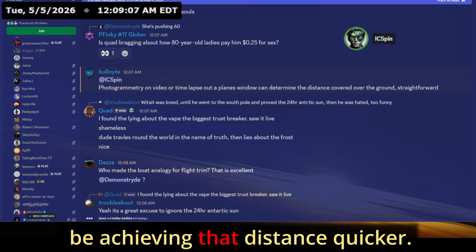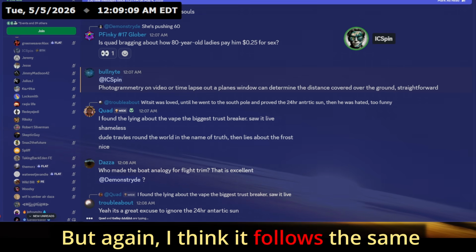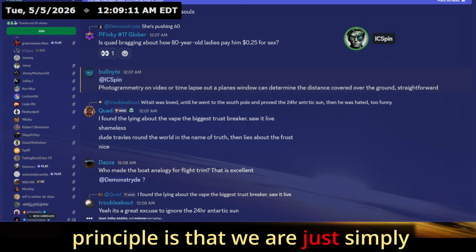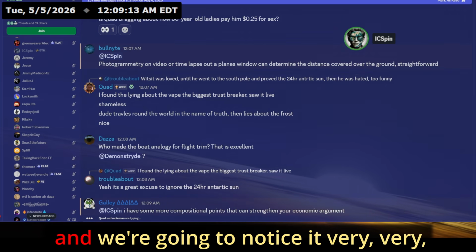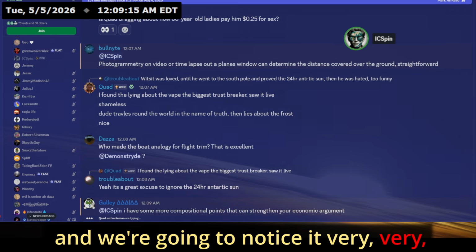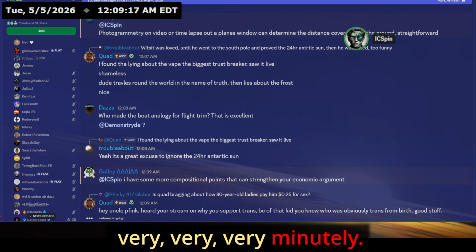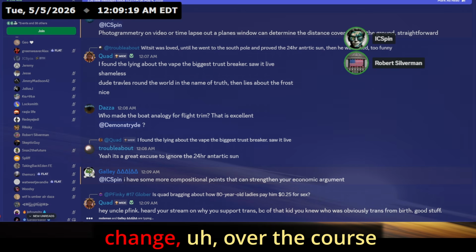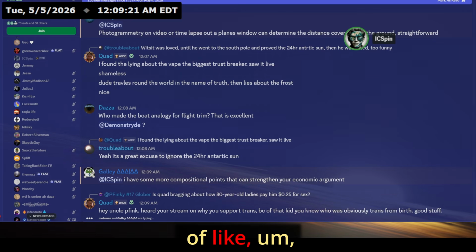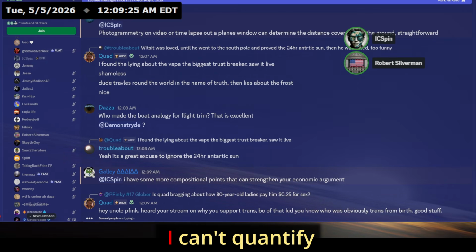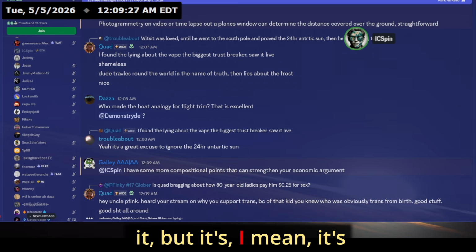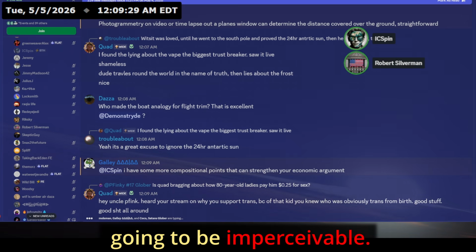You're going to be achieving that distance quicker. But I think it follows the same principle: we're simply following an altitude and we're going to notice it very, very minutely. There's going to be such a small change over the course of it. I can't quantify it, but it's going to be imperceivable.